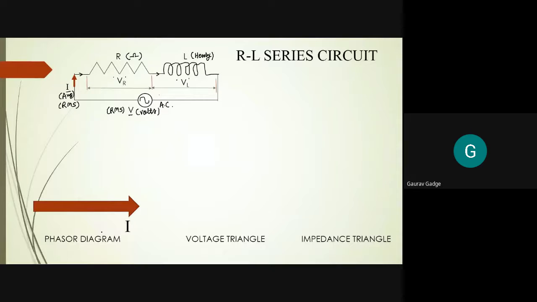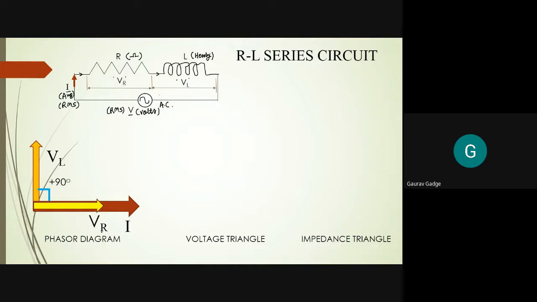Where should be the position of VR? VR should be on the same axis, as for pure resistance, voltage and current are both in phase. But where would be the position of VL? Yes, VL leads the current by an angle of 90 degrees. So when it leads, it means plus 90 degrees. Hopefully you all are clear with this concept.